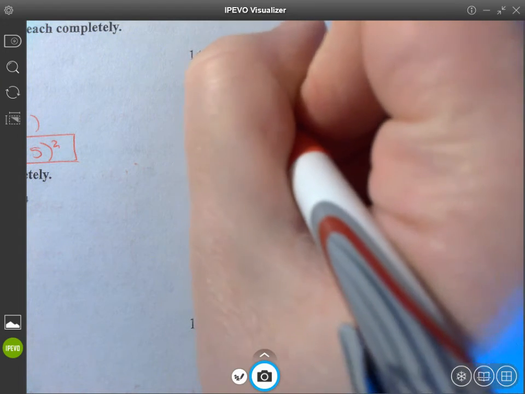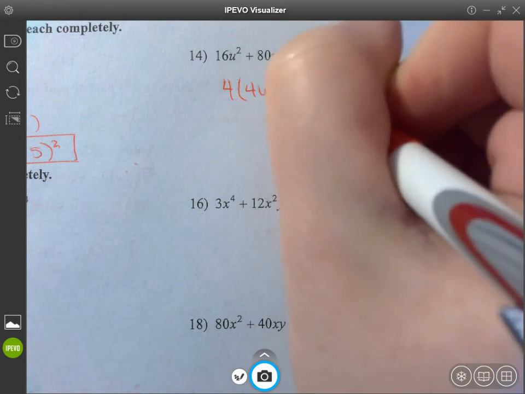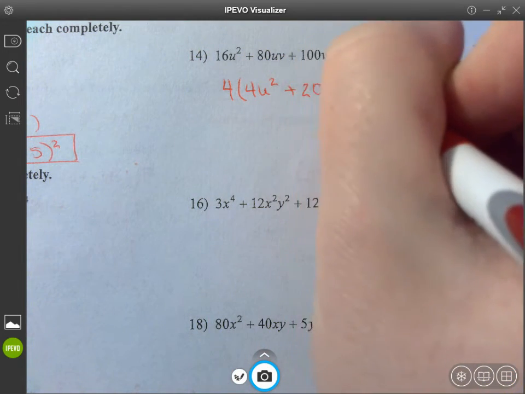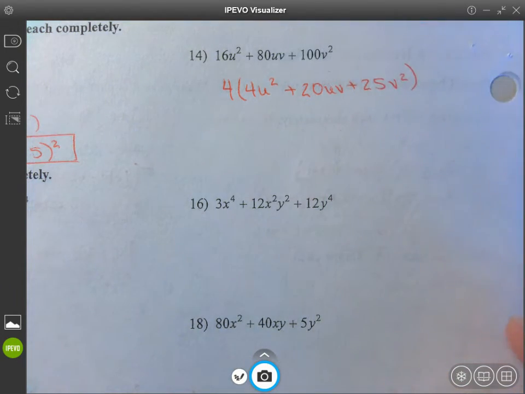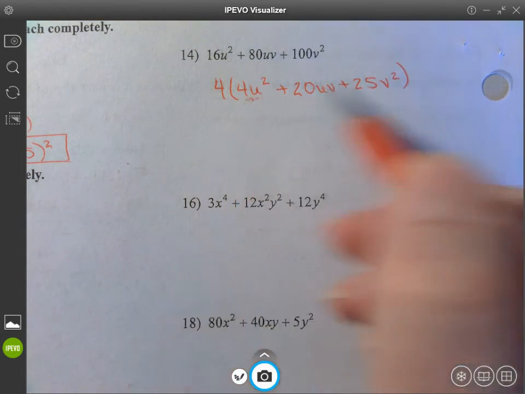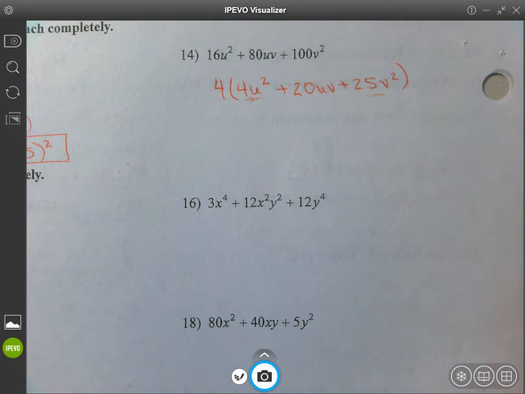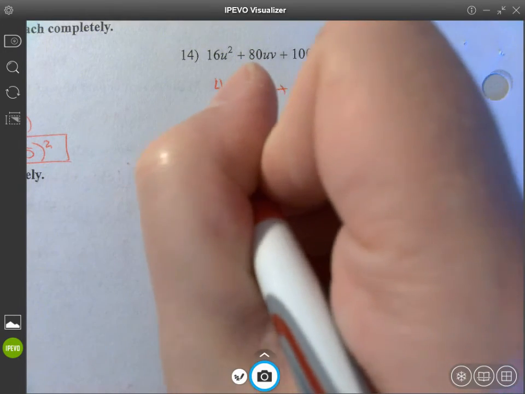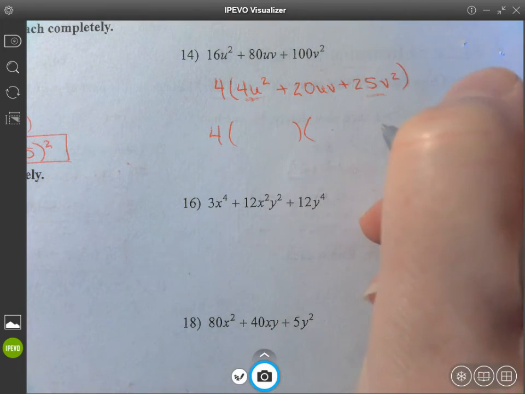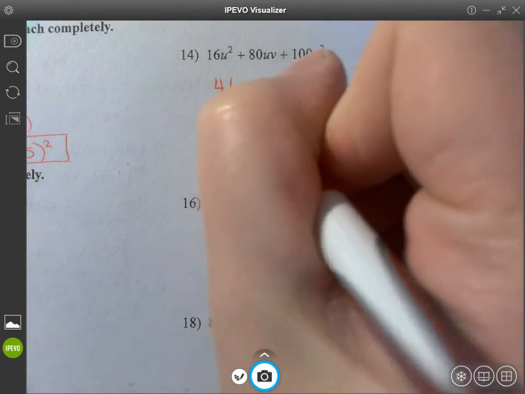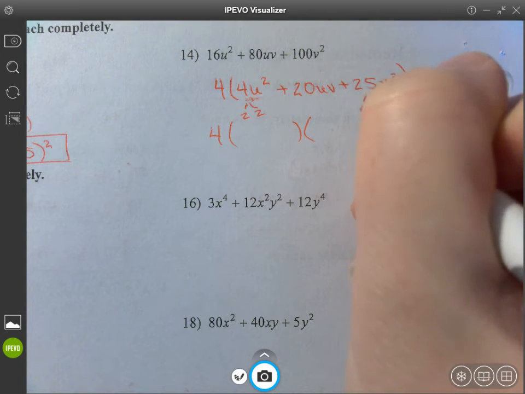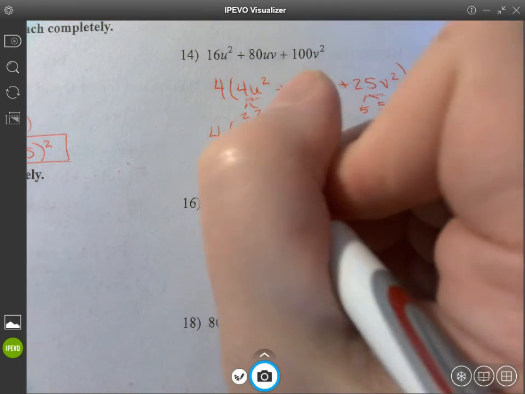You're left with 4u squared plus 20uv plus 25v squared. Now, do you see that I still have these perfect squares? So again, it might not stand out to you because it looks like just a trinomial, but I've always said try the double factor, that double digit factor first, and make sure it works.